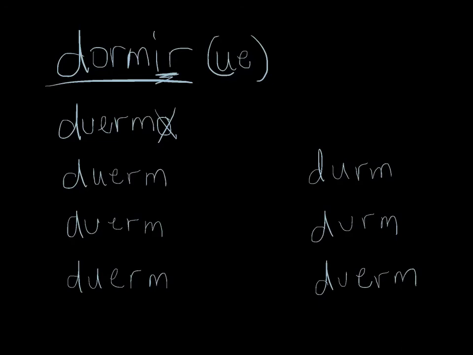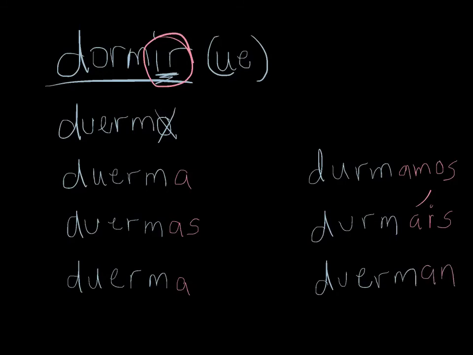And now if I go through and put on my opposite vowel endings, since this is an IR verb, I'll put on A endings in a pattern: duerma, duermas, duerma, durmamos, durmáis, and duerman. And remember we used to call these ski verbs in the preterite? So that's your reminder, those verbs that were IR stem changers in preterite tense, well, they're still causing a little trouble for us in the subjunctive mood.